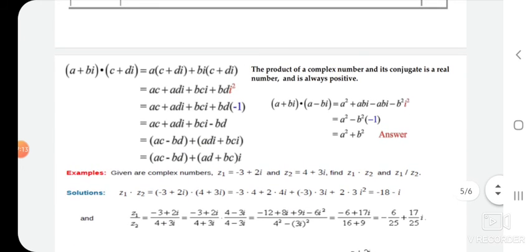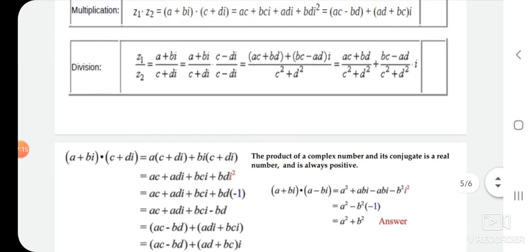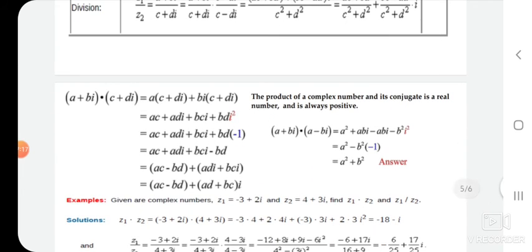Okay, next, how we can multiply two complex numbers, that is A plus Bi into C plus Di. If we multiply A inside the bracket, A into C plus Di plus Bi into C plus Di. If we multiply, it gives AC plus ADi plus BCi plus BDi square, but i square is nothing but minus 1, that's why plus BD becomes minus BD.